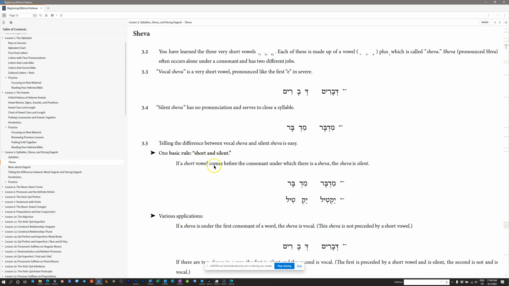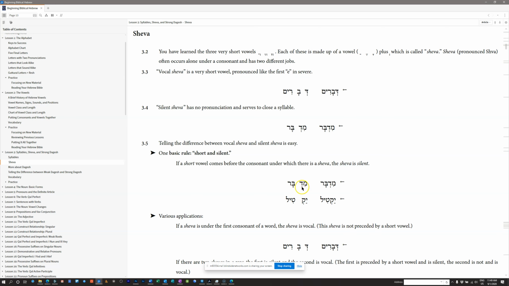So short is the terminology that you can stick with here. Short is patach, segol, hiriq, qibbuts, and qamets hatuf. Those are going to be your short vowels.